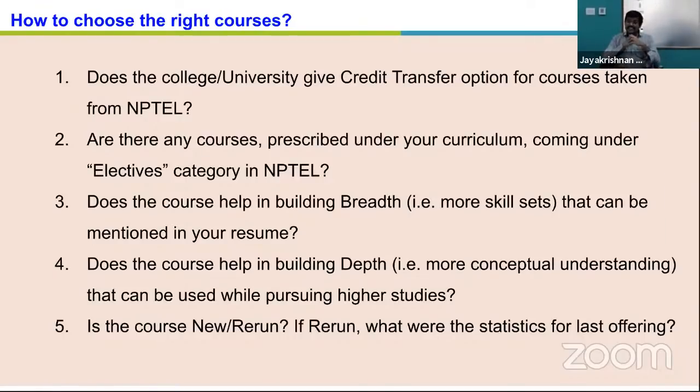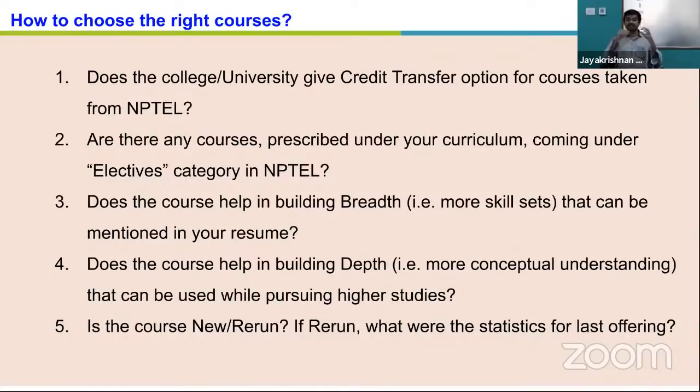This helps you in developing your breadth within the engineering domain. You can also look at generic courses or interdisciplinary courses, for example, generic courses like soft skills or spoken English. All these build in some kind of value or skill set along with your technical knowledge, right? And these can be mentioned in your resume too.